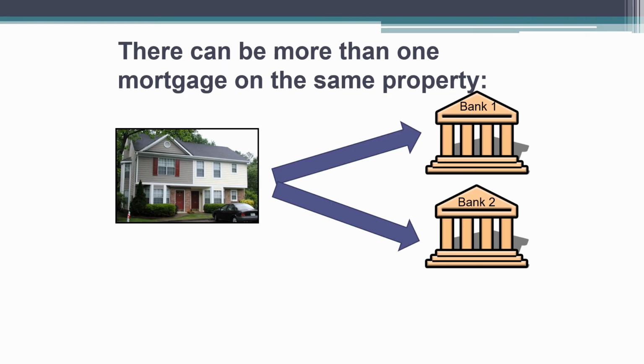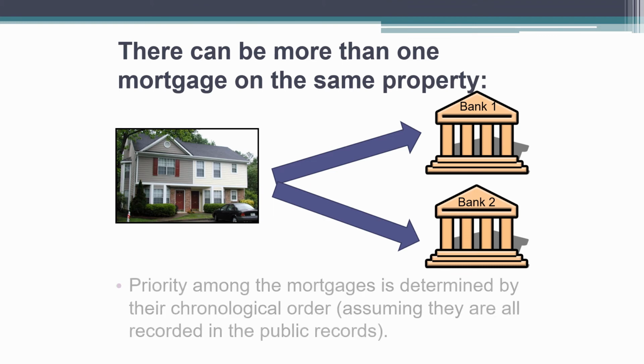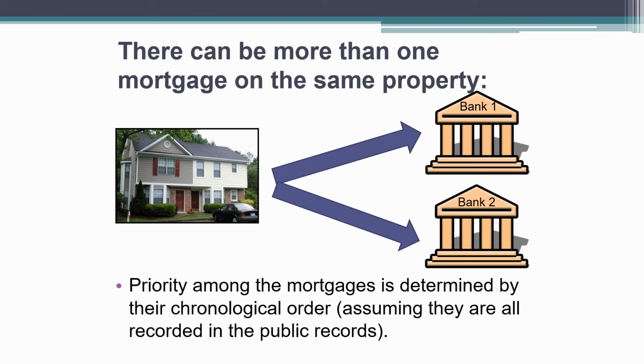You might have realized that there can be more than one mortgage on the same property. In fact, you can have as many as you want to imagine, but we'll restrict ourselves to the simple case in which there are two mortgages, a mortgage to Bank 1 and another mortgage to Bank 2. Now, to analyze these cases, it is critical to know what the priority is among these mortgages. Priority is normally determined simply by the chronological order in which they were placed on the real estate, but that assumes that they're all immediately recorded in the public records.